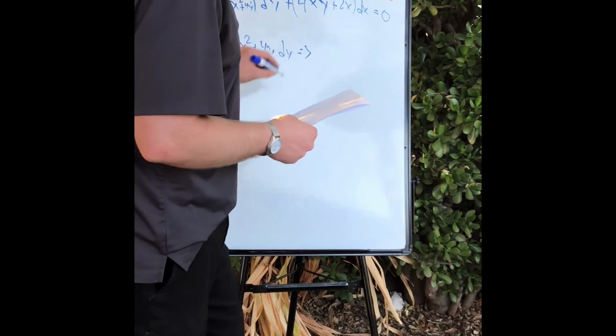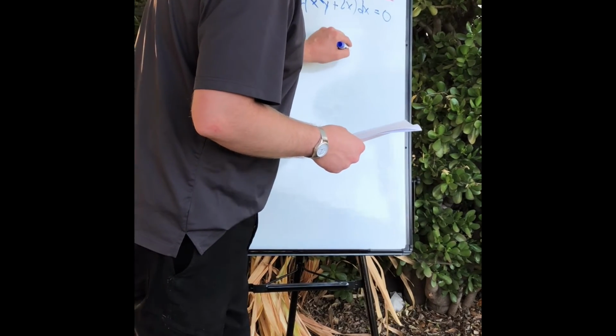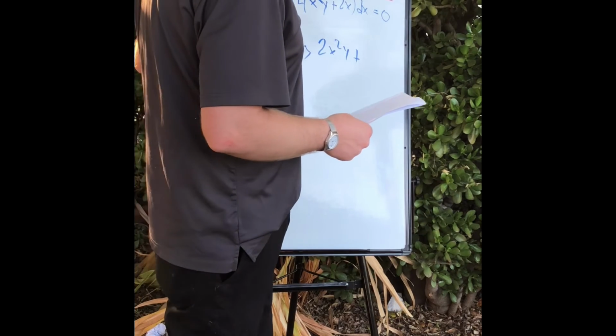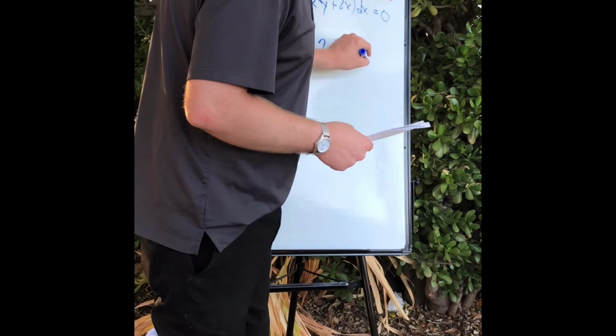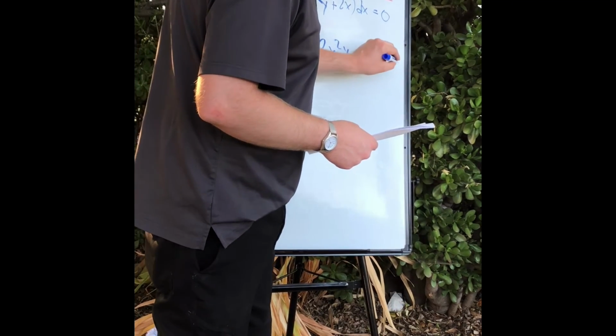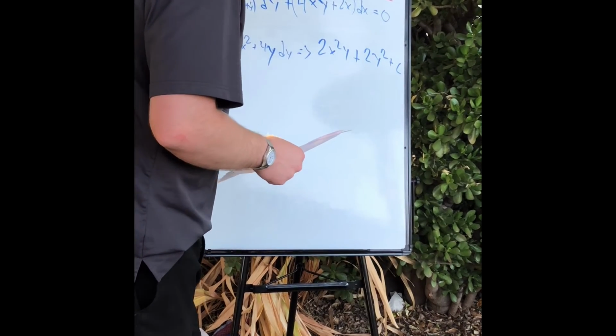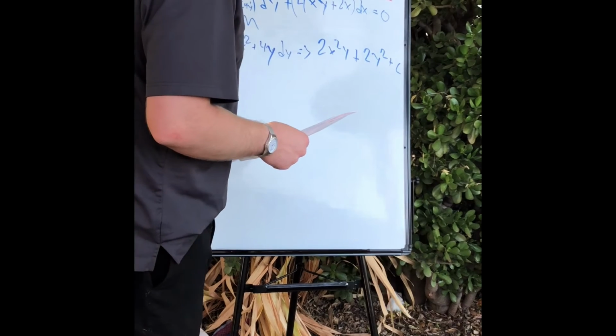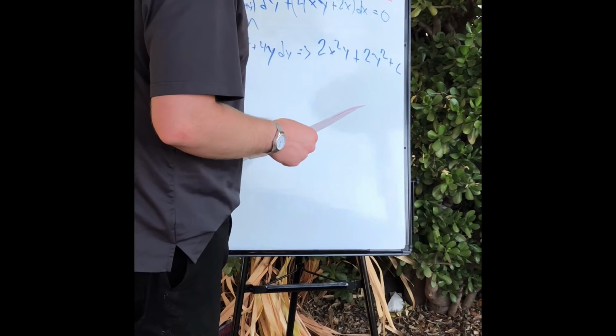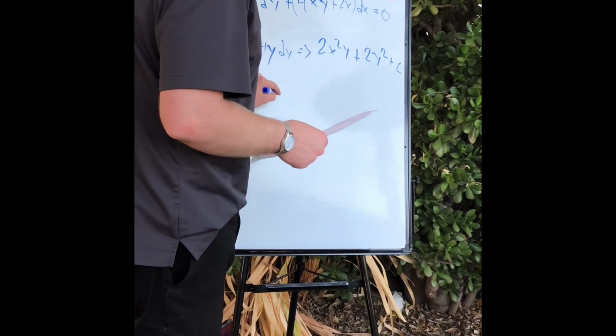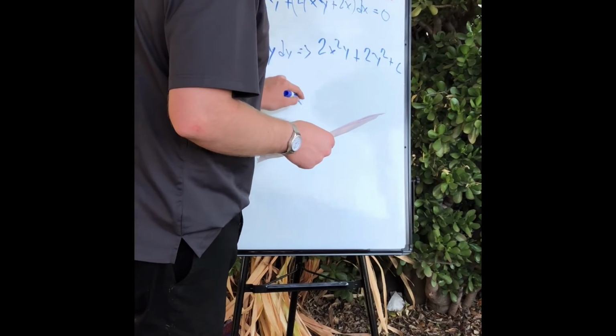This gives us 2x squared y plus 2y squared plus some constant, and that's the m part. And then the n part is 4xy plus 2x dx.